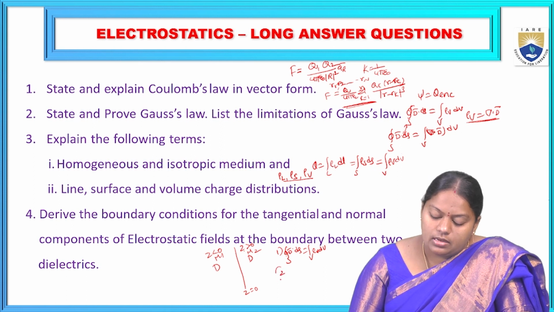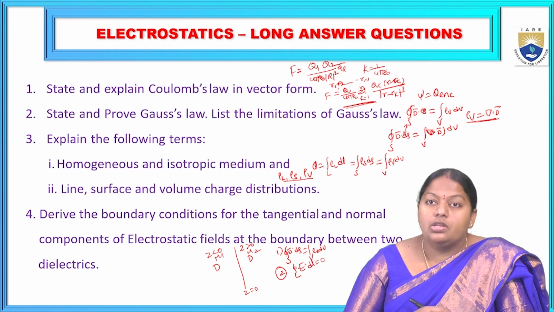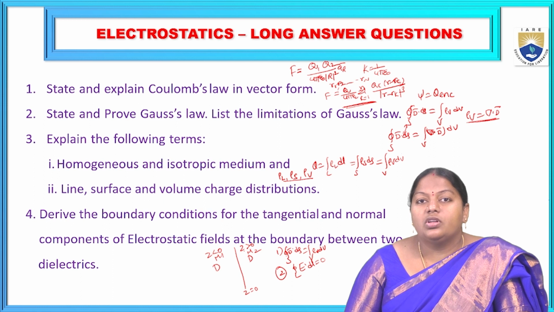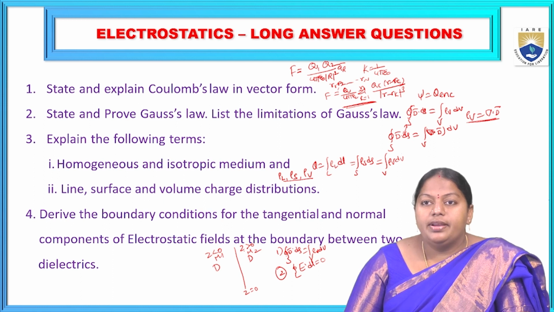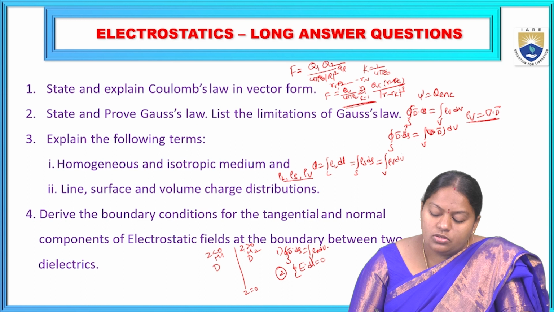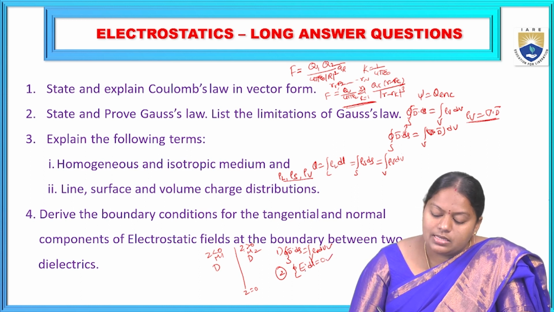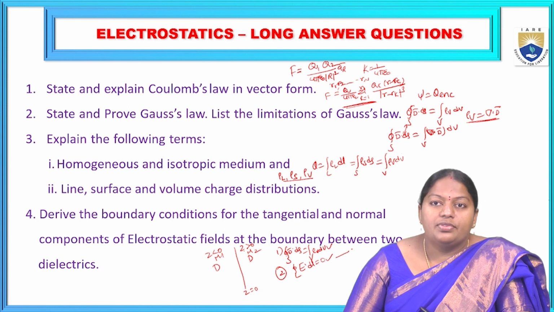The second one is the closed line integral L E dot dl is equal to 0, obtained from the relation between electric potential and electric field intensity. In order to write the two boundary conditions, we need to use these two Maxwell's equations, and this is applicable for all lines and all surfaces.